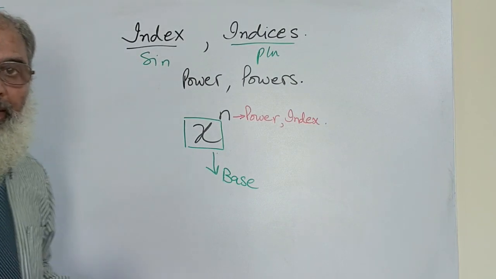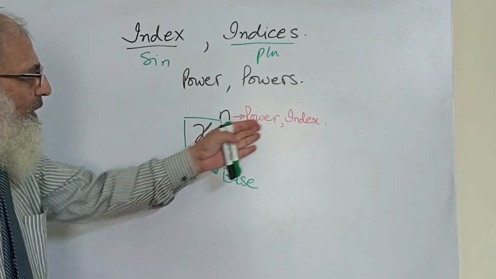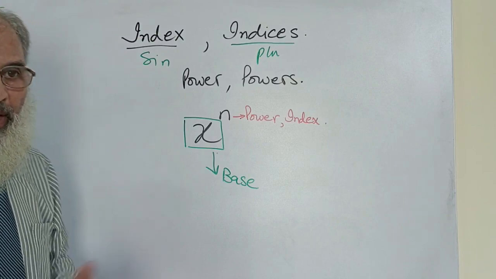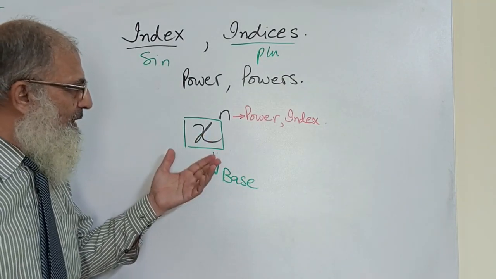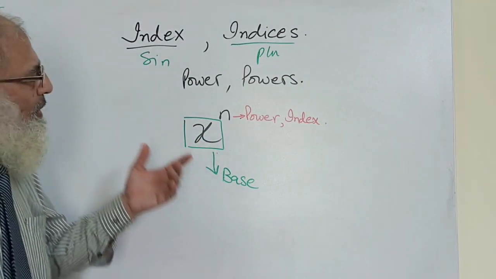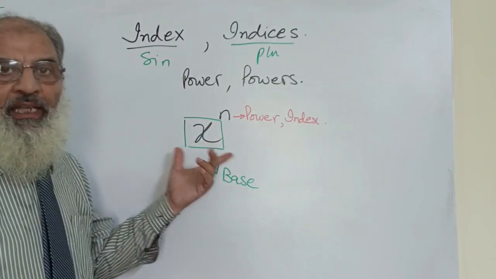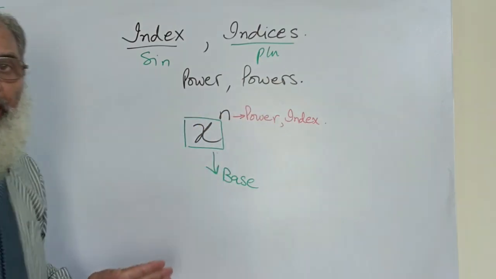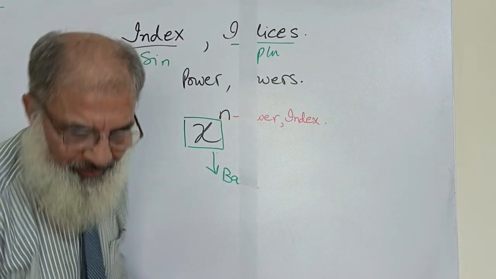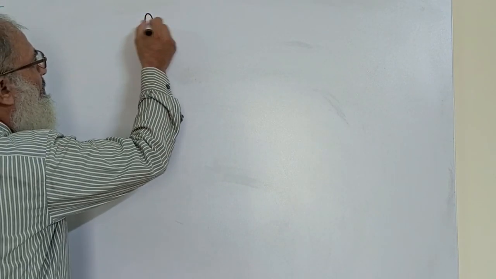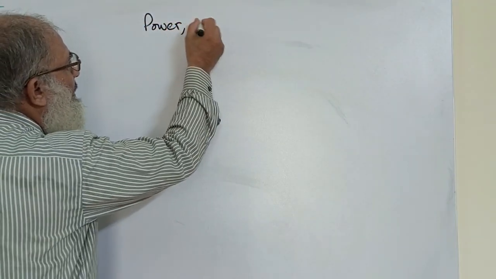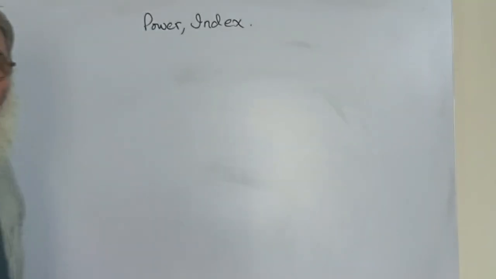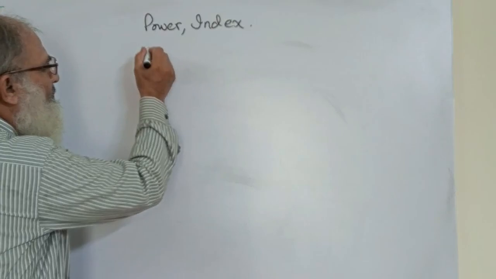Now there are some laws for powers, indices and bases as well. I have already told you that if the bases are the same and they are being multiplied, the powers are added together. Let me demonstrate it here. Power, index, and there is still one word left which I have not told you, exponent.